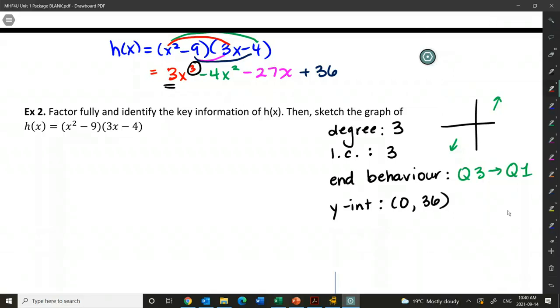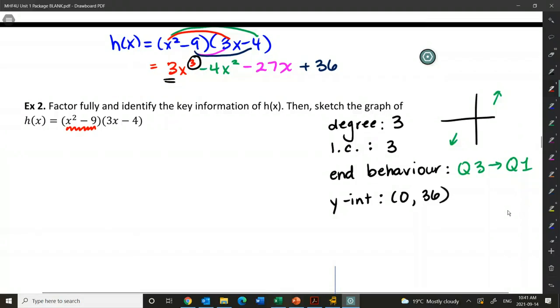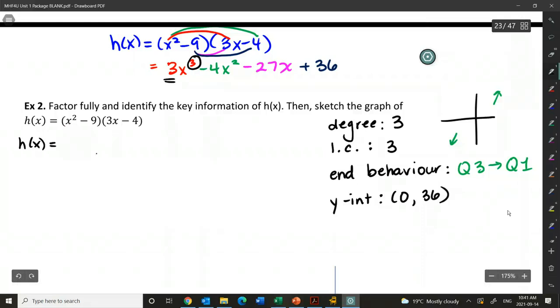We need to get this fully factored over here. Not too much I can do with a 3x minus 4, but this is a special type of quadratic that we learned about in grade 10. It's the one that makes x plus 3, x minus 3. Yes, so difference of squares is what we would call it.